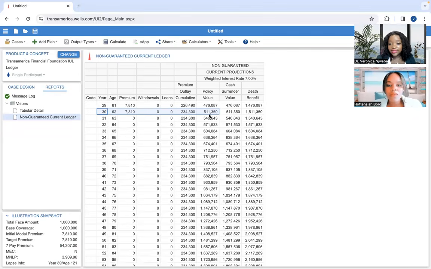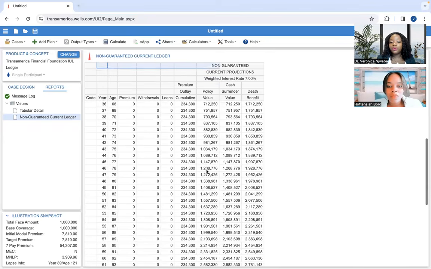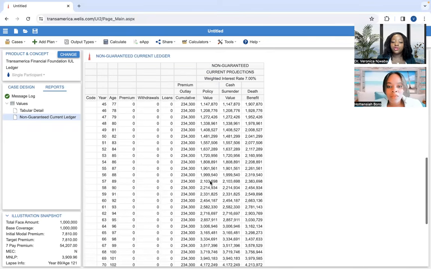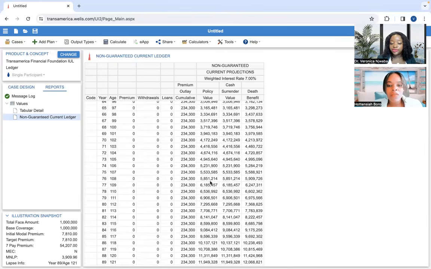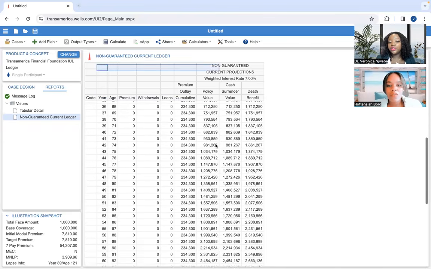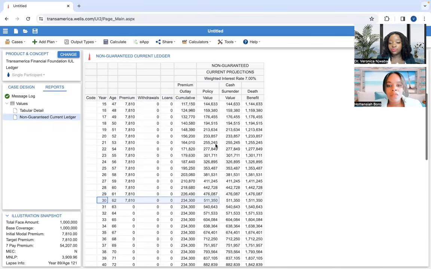But whatever is sitting in the savings will still be getting interest. So as it's compounding, guess what? A small portion of this money is going to be used to cover the cost of the policy, and that's how the policy is able to run itself. So this can run itself all the way to 121 as well. At this point, this person has about $11 million, right? If they live that far. But just so you know, the policy is not canceled just because this person stopped making payments.